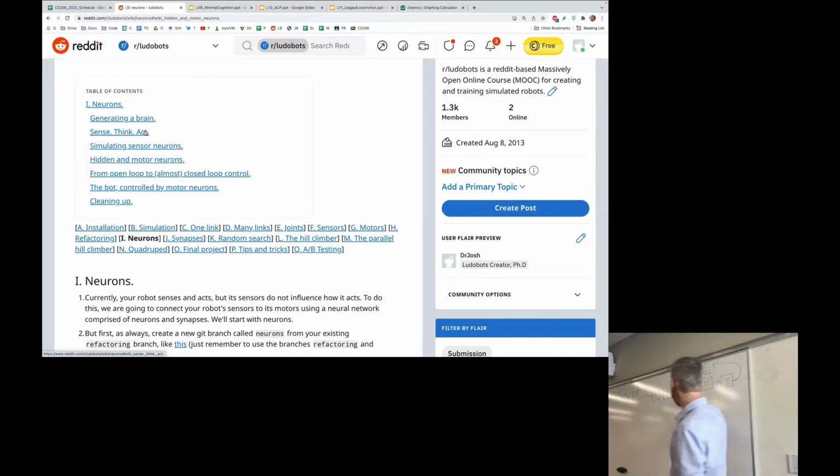In assignment 7 next week, we will finally close the sense, think, act loop by adding some synapses that connect the sensor neurons to the hidden neurons, some synapses that connect the hidden neurons to the motor neurons. And if you want, you can add recurrent synapses that connect the hidden neurons to themselves, back to the sensor neurons, however you like.